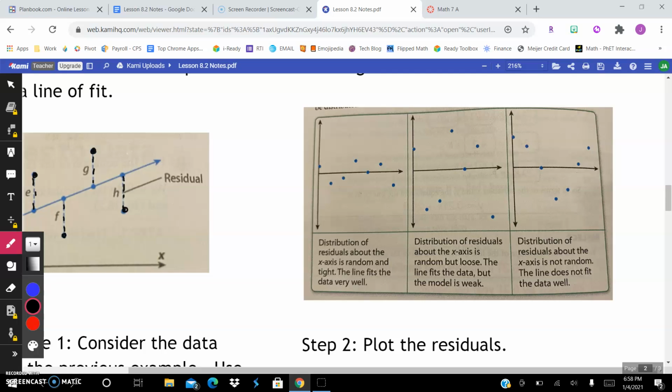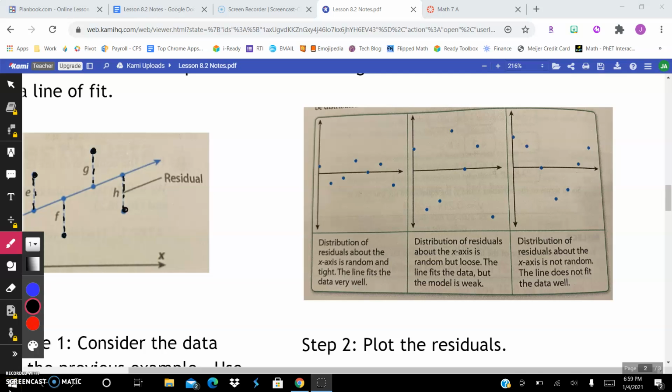And here in the middle, if they're all over away from the x-axis, it's a weak model. And then for the third one here, if the dots are all over the place, then it's not fitting the data very well.